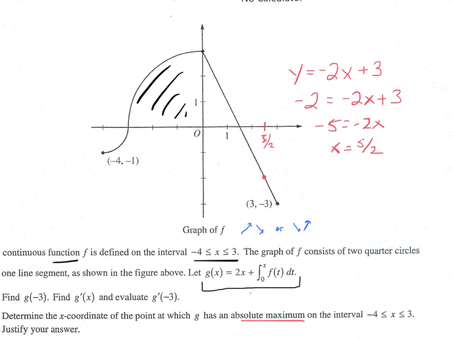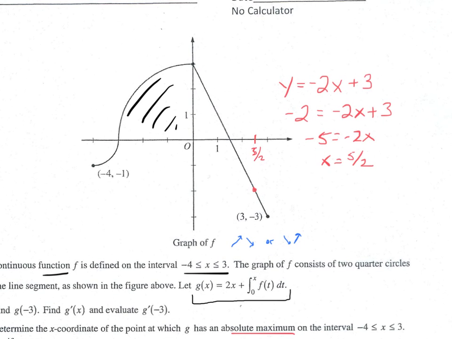And if we look at our function f from -4 to 3, there are actually two places where our function is not differentiable. One place is here, where we've got a vertical tangent line, and here, where the derivative from the left will not be equal to the derivative from the right.